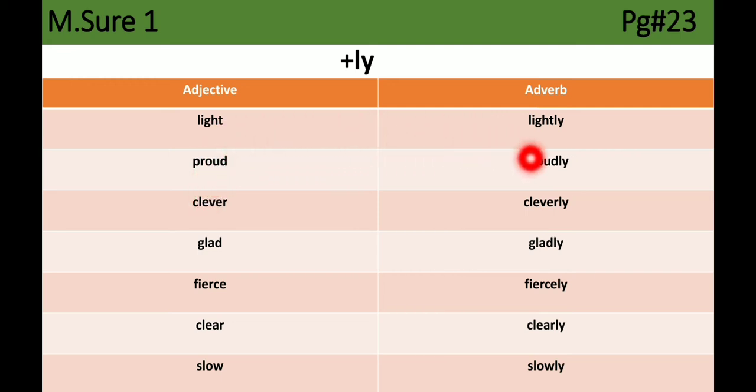Proud, proudly. What have I done here? I have just added ly. Okay? Clever, cleverly. Glad, gladly. Fierce, fiercely. Clear, clearly. Slow, slowly. This is rule 1. We have just added ly at the end of these adjectives to make them adverbs.